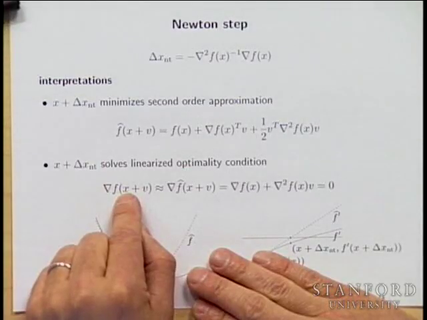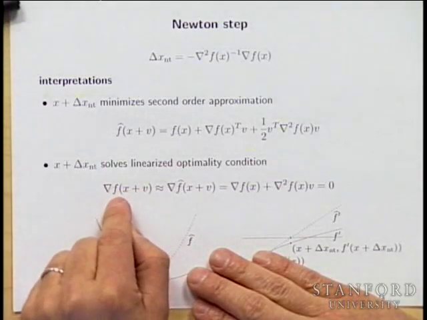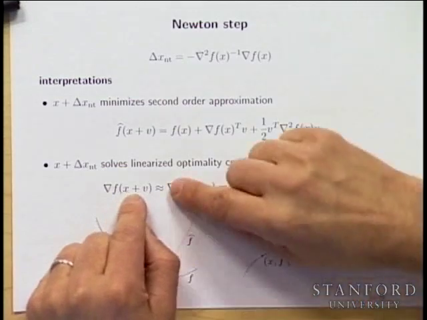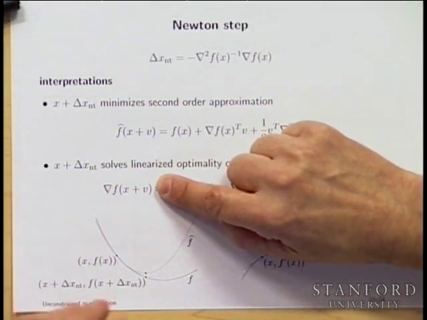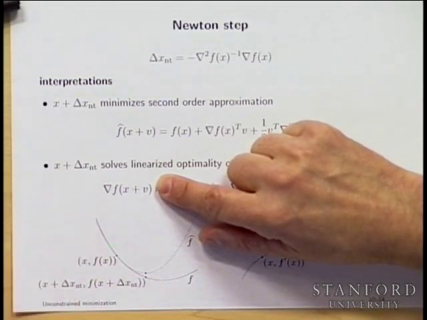Another way to say it is this. You want to solve, if you're at the point x, you would like to find a v for which the gradient of f evaluated at x plus v, that's where you're going to step, should be 0. But the problem is the gradient is some nonlinear function. You don't really know what the gradient of x plus v is.